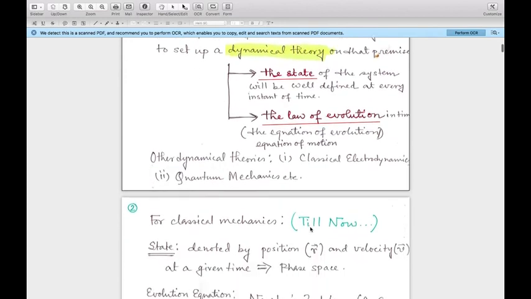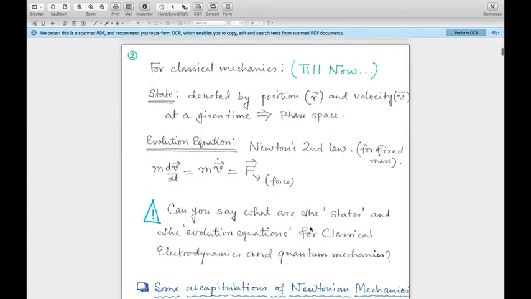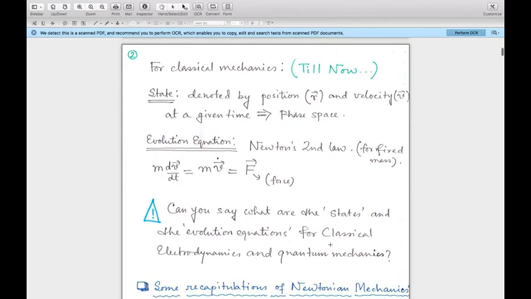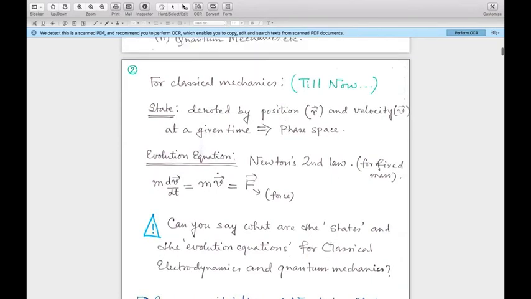Now, I have already asked you a question over here, but I can ask you now: what are the states and the evolution equation for classical electrodynamics and quantum mechanics? Whereas we know for Newtonian mechanics, the state is quite simple to understand. That is denoted by the position and the velocity at a given time.